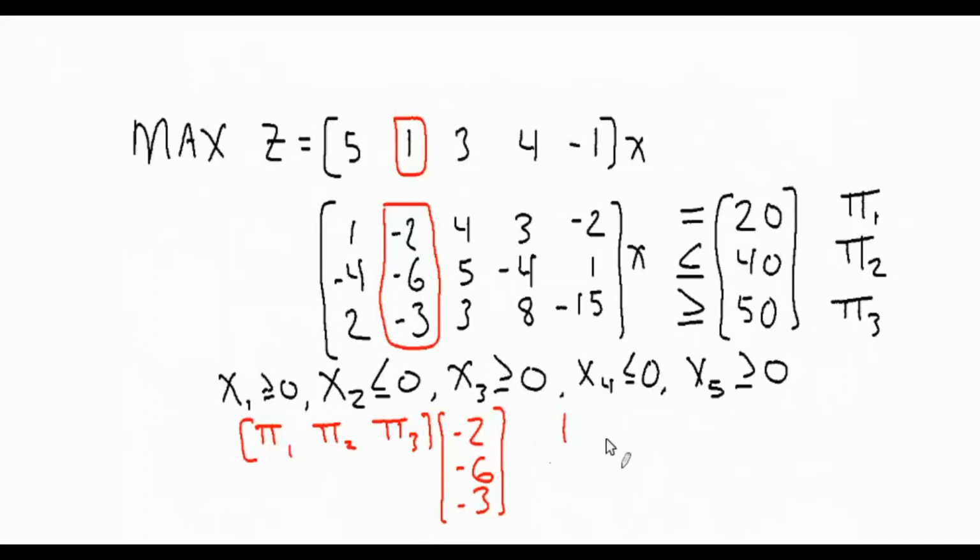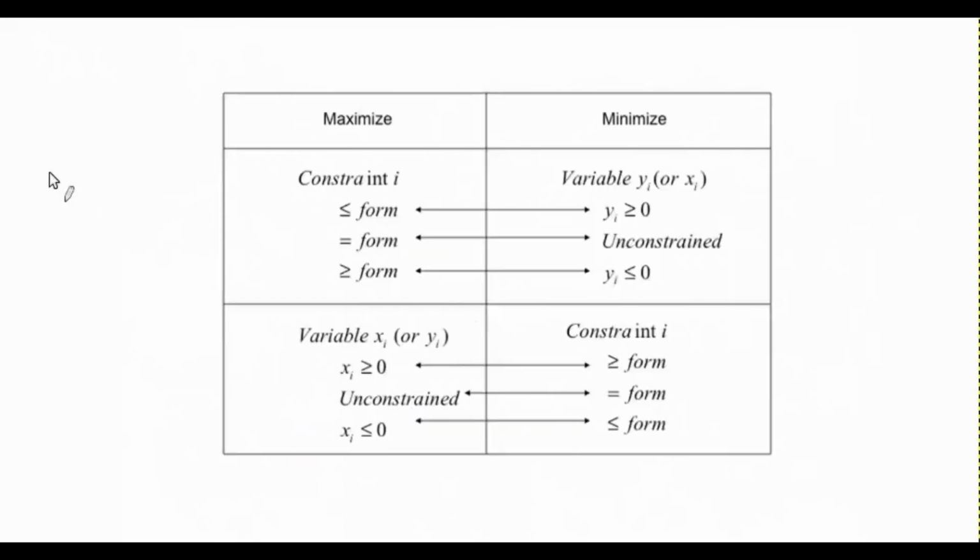And we do that by going back to our primal dual grid. You will recall that in the statement of our primal problem, x sub 2 was less than or equal to 0. So our primal problem was a maximization, and our decision variable is less than or equal to 0. So for the corresponding constraint in the dual, we go over to the right with this arrow.